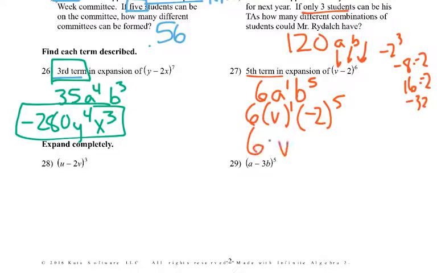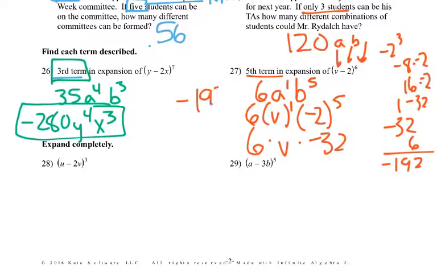So 6 times v, because v to the 1st is just v, times negative 32. Negative 32 times 6 gives us negative 192, so we get negative 192 v, and that's the 5th term.